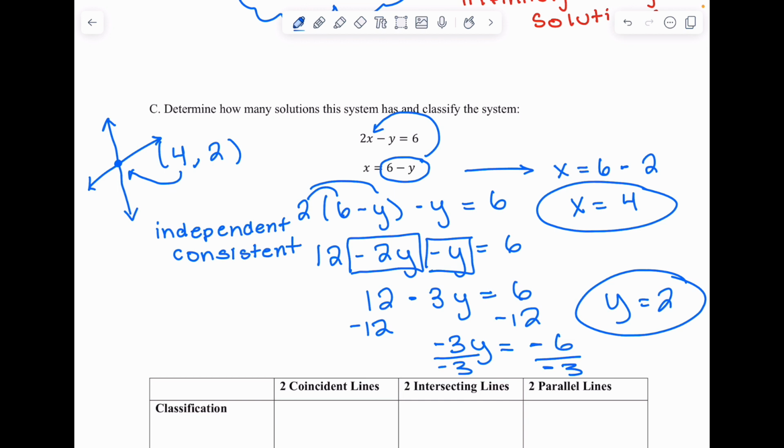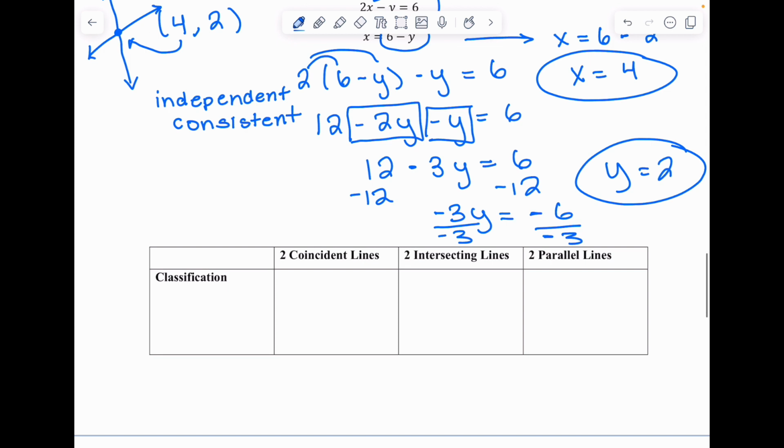So to summarize, two coincident lines will mean that my system is dependent because they really only form one line. And two intersecting lines and two parallel lines will be independent because they both form two lines. And systems that have at least one solution are consistent.